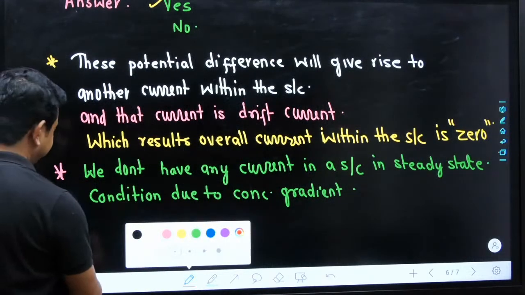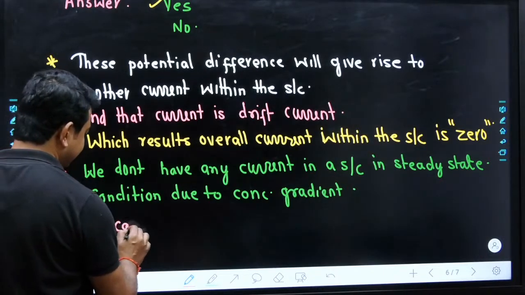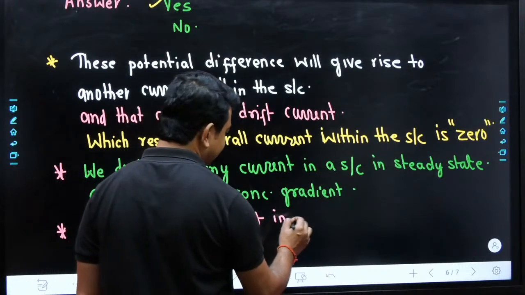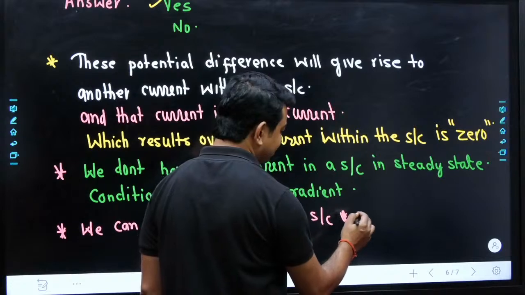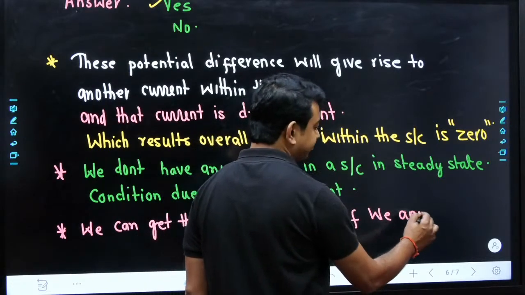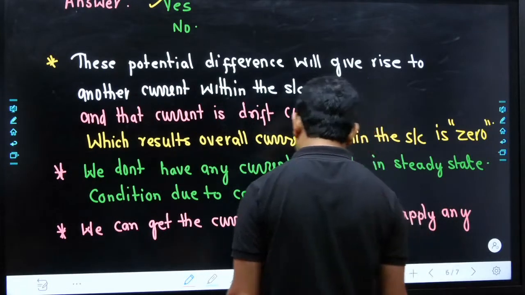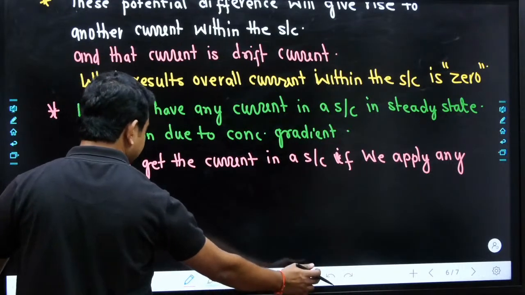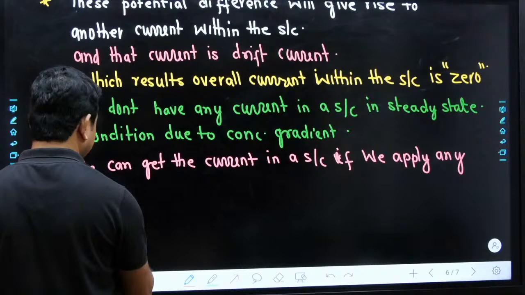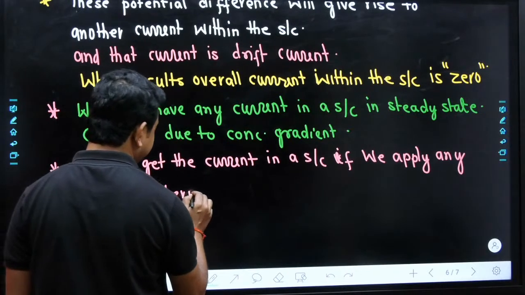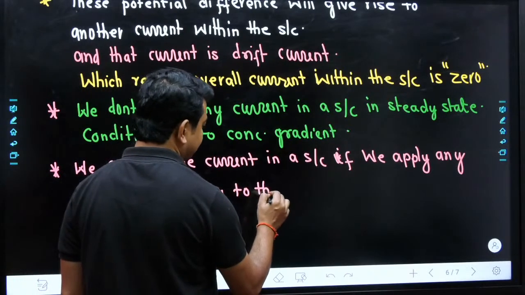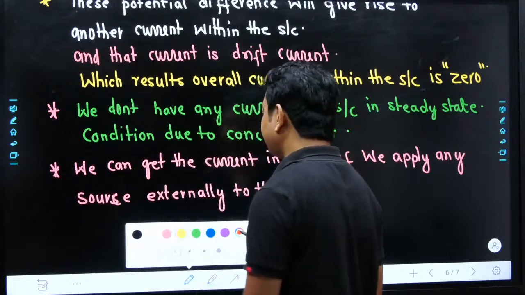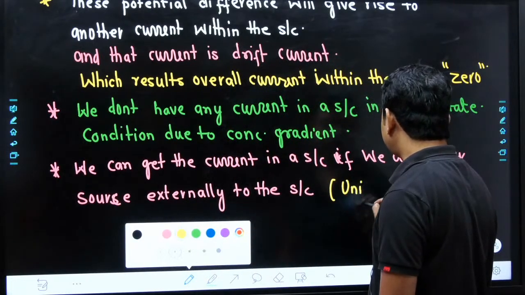We can get the current in a semiconductor if we apply a source externally to the semiconductor.